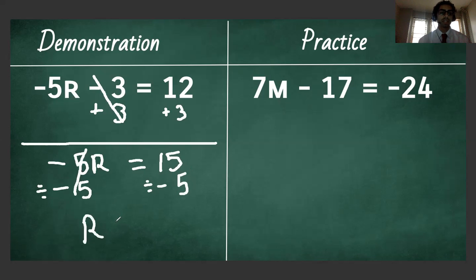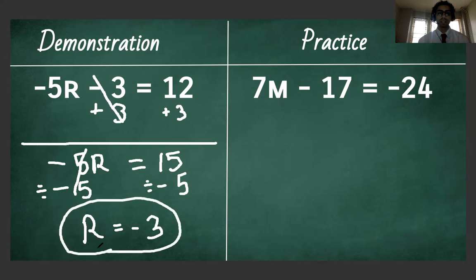So I have r equals, and 15 divided by negative 5 would be negative 3. It's as easy as that. So even though we have negatives, the process is going to be the exact same as we've been going through. Okay, so my solution would be r equals negative 3.